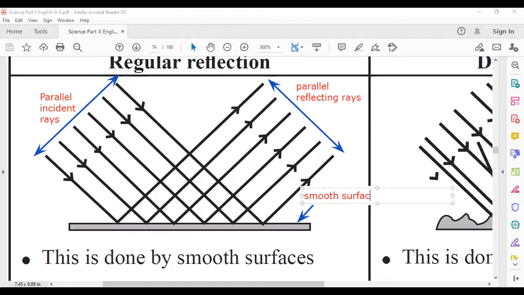Why is it called a smooth surface? Because it is a straight one. Are you clear?